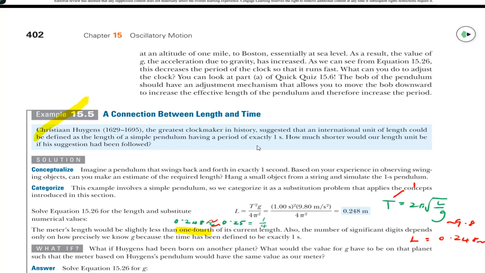Observe that the technique used by this example will not be applied for our exam. For our exam, it will be much more precise. The study is about the clockmaker Christian Huygens, who suggested that the international unit of length should be defined as the length of a pendulum whose period is exactly 1 second. So the question is, how long would our length be if we followed his suggestion?